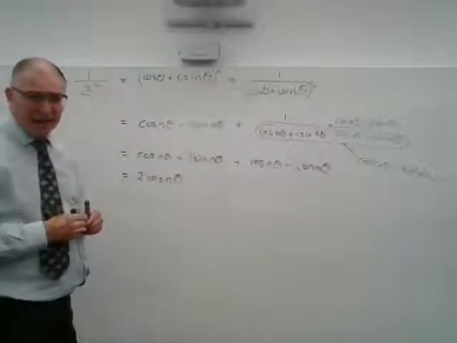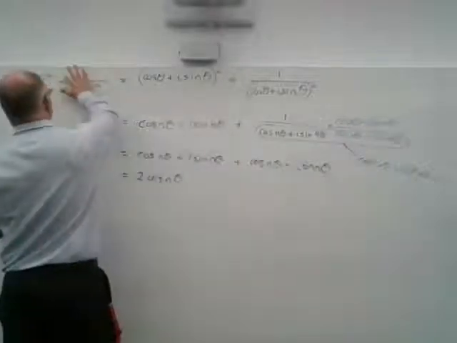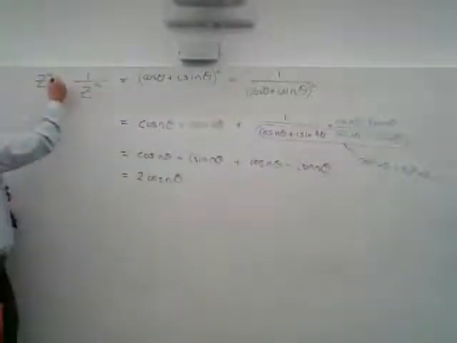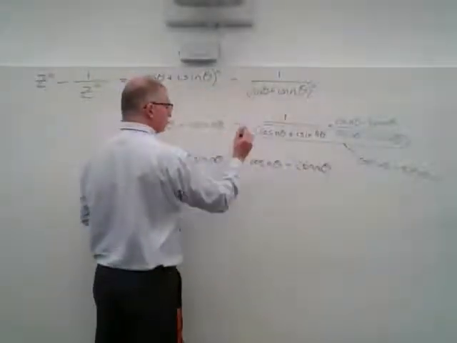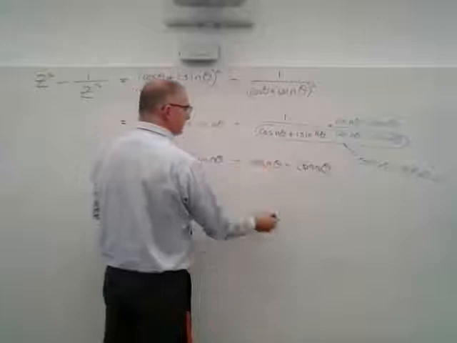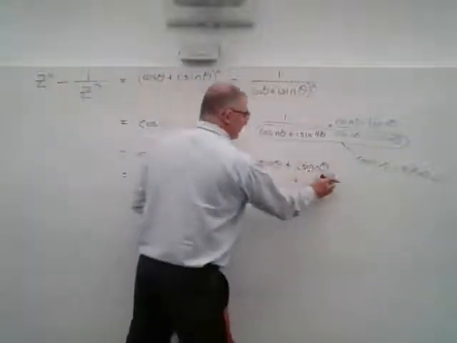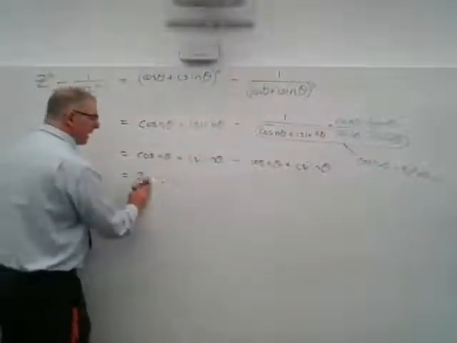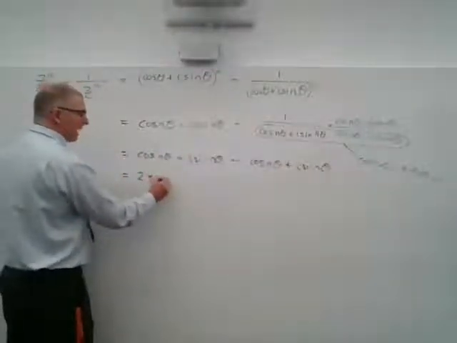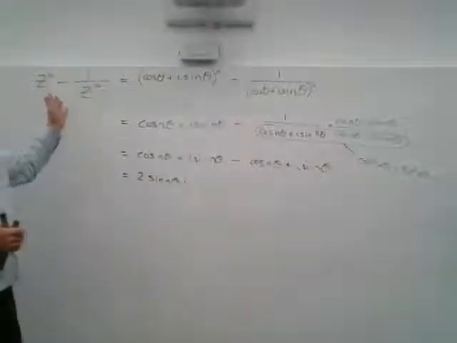If I did the same process but decided to make it a minus, that will be a minus, that will be a plus, no longer cancelling them, but instead adding the signs together, and I would get 2 sine n theta i, if it was a minus.